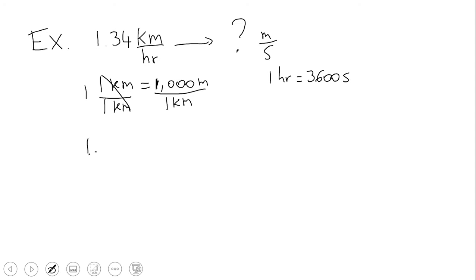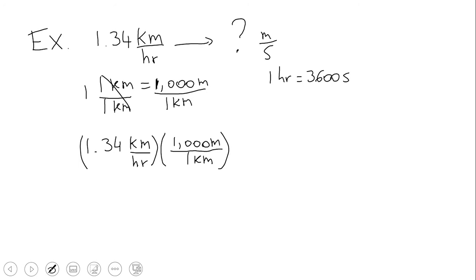So I have 1.34 kilometers per hour. Let's put parentheses just to be clear. And I have 1,000 meters divided by 1 kilometer. This will take care of the kilometers and meters.